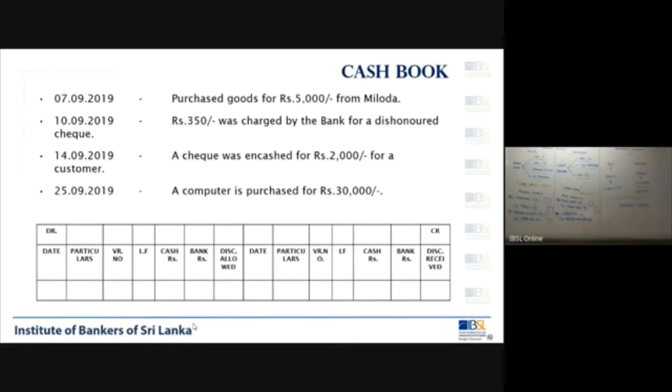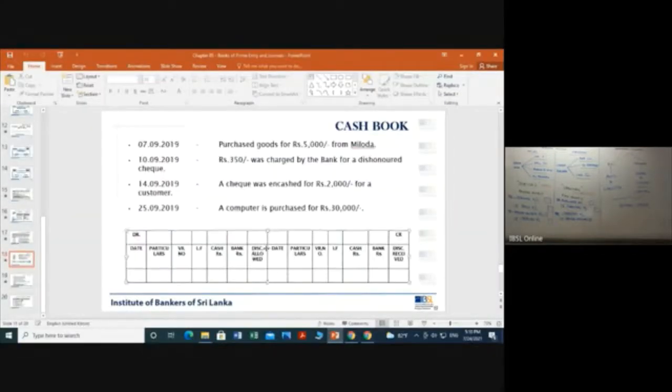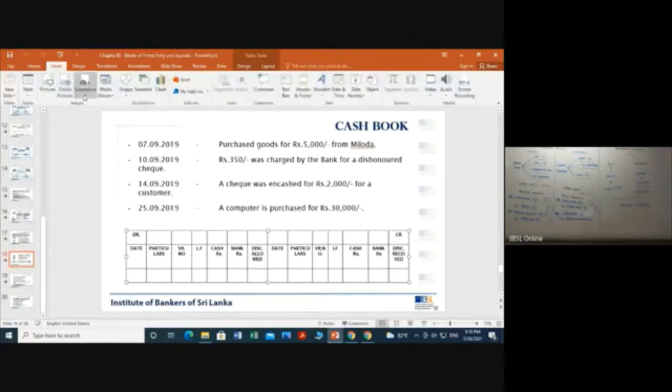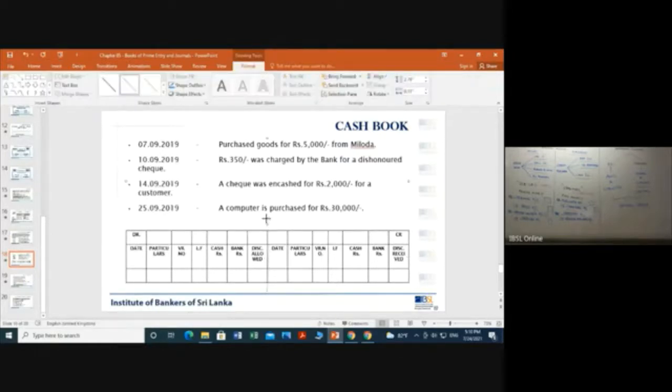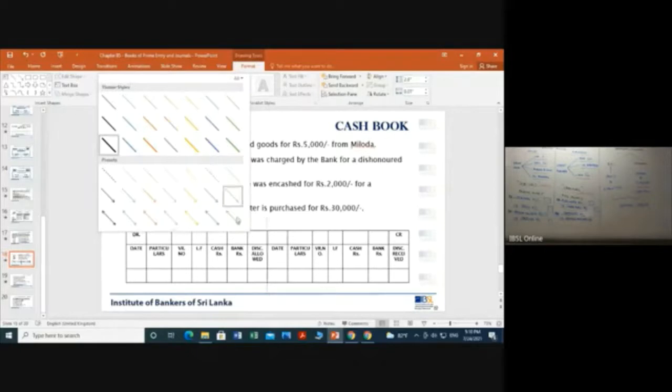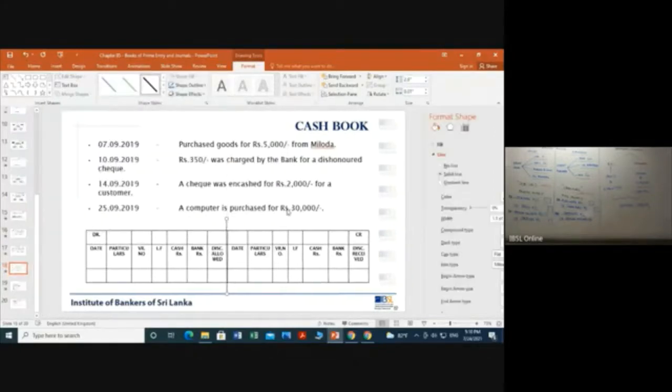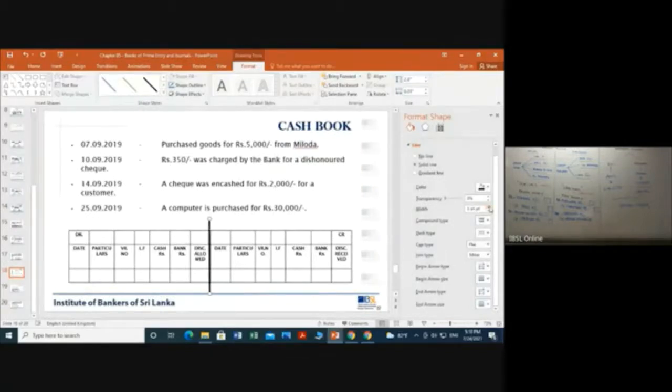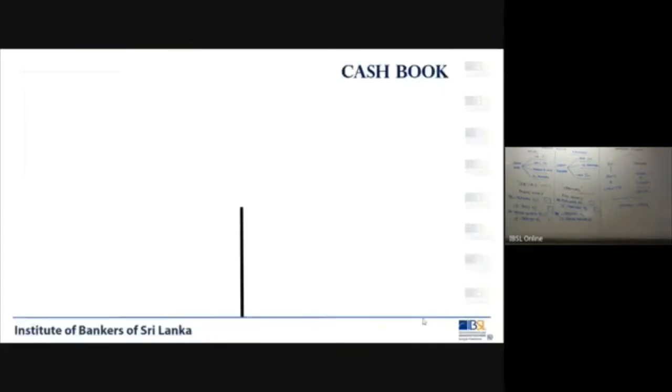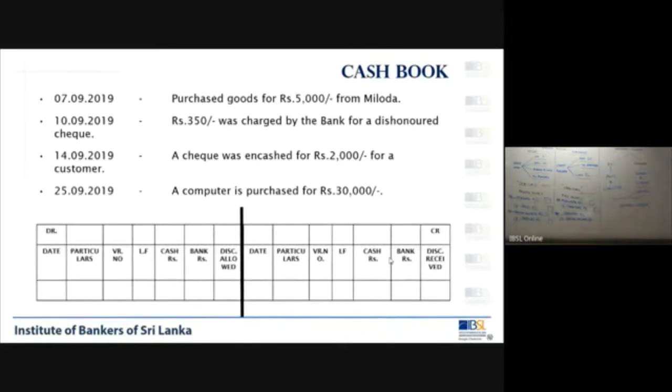Go through the columns. There is a debit side and a credit side. So it ends at the center of the date column. If you really look at it, you will see the cash book is divided from here.